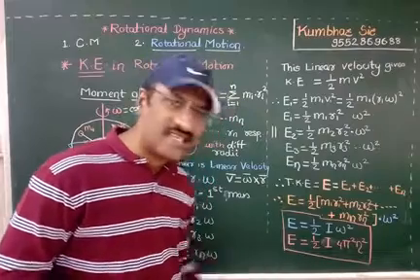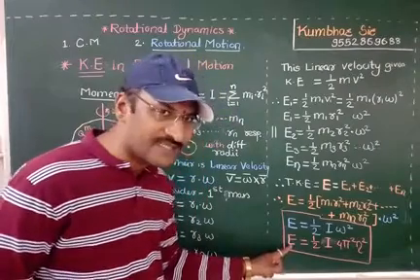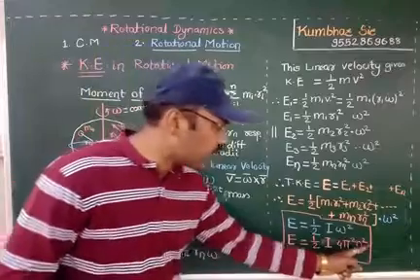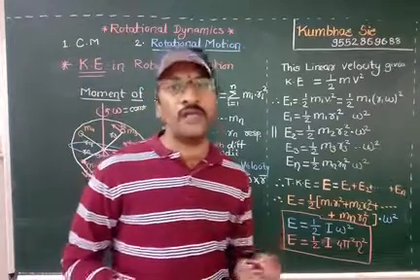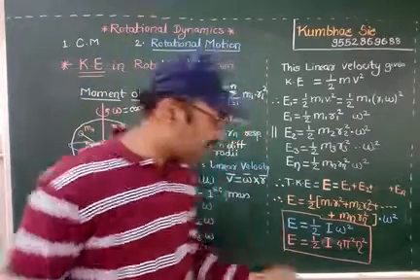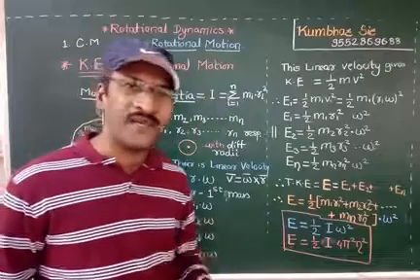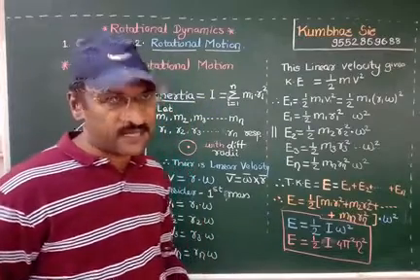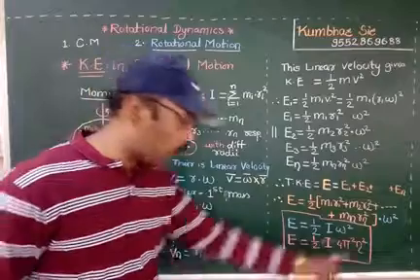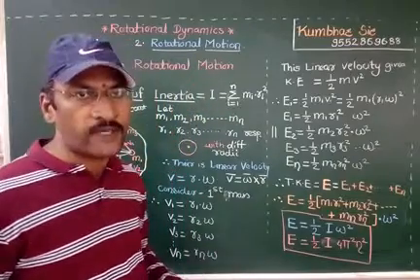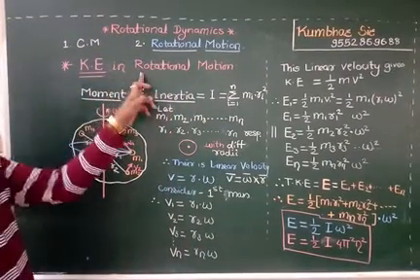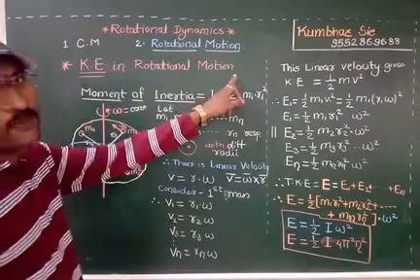From this equation we say that kinetic energy is always directly proportional to the square of the frequency of the rotating body. As frequency increases, kinetic energy of the rotating system also increases. Hence, E is directly proportional to the square of frequency of the body. This is an expression for kinetic energy produced in the rotational motion.